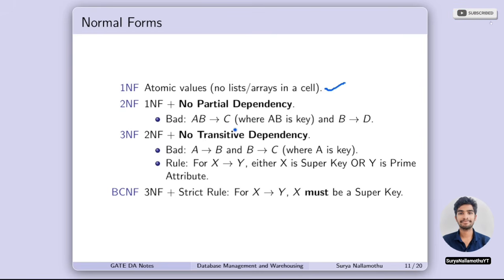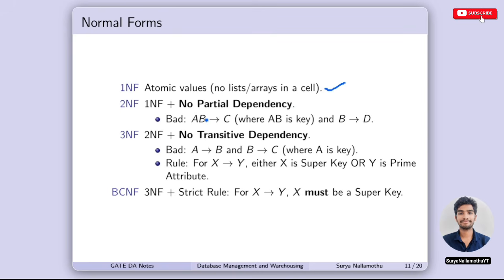AB tends to C, where AB is a key, and B tends to D. It means B appears twice, so there is a relationship where partial dependency occurs. So in 2NF there must be no partial dependency.